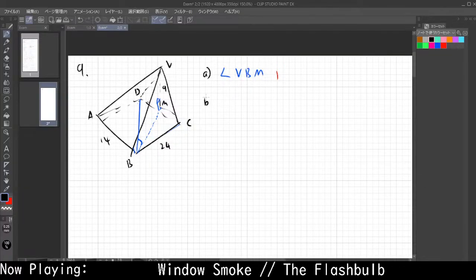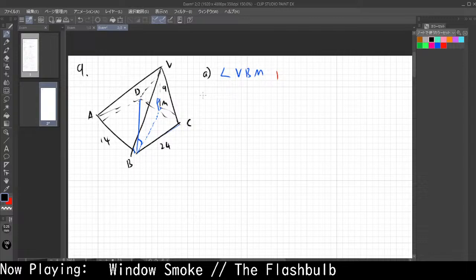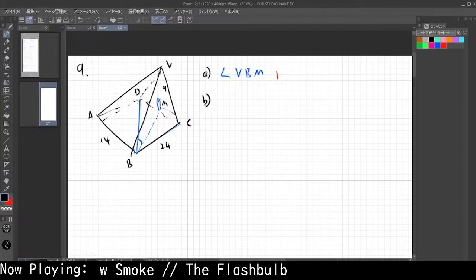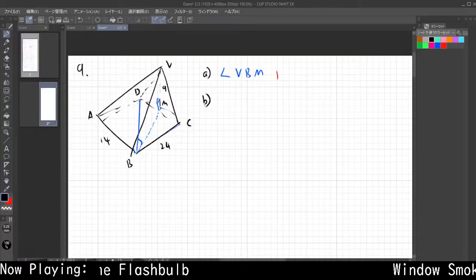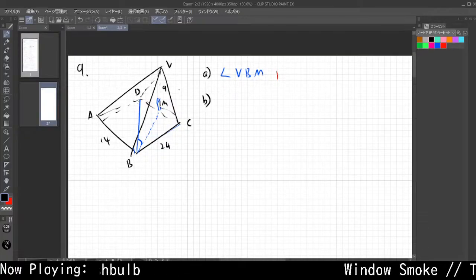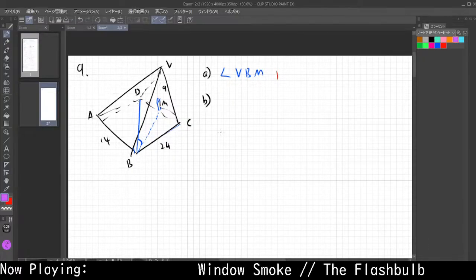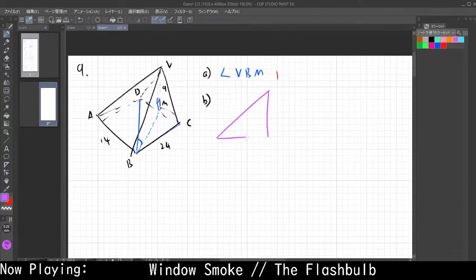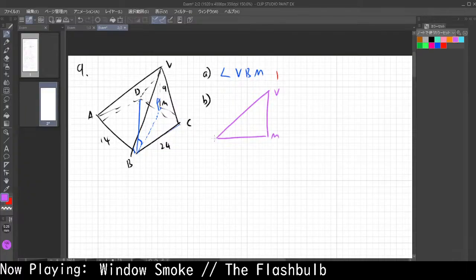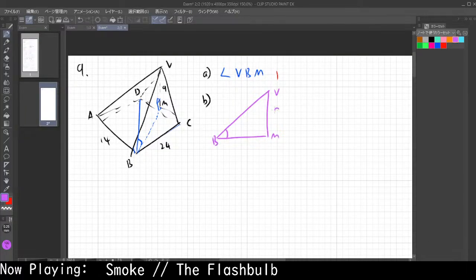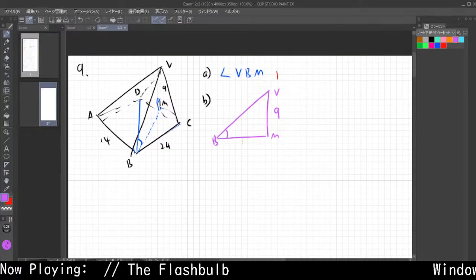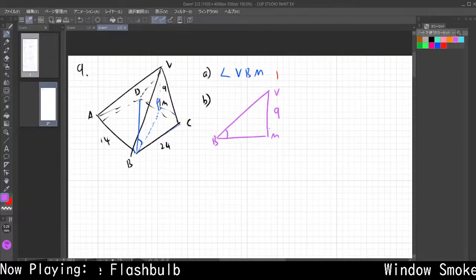Then part B. Calculate the angle between the line VB and the plane ABCD. So this will involve trigonometry and tangent basically. To find this angle, if we split out the triangle itself, this is your V, this is your M, this is your B. You want to find this angle. This is 9.